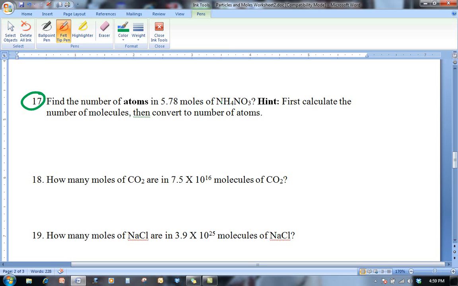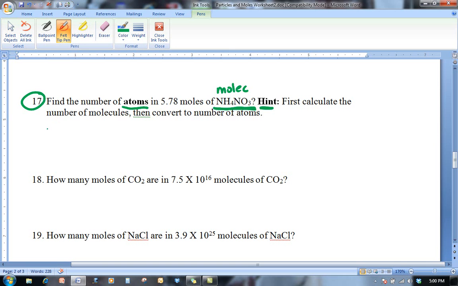Now, the substance in question, ammonium nitrate, is a molecule. But I want to know atoms. So keep that in mind as we're building our dimensional analysis grid. And I did give you a little hint as well. So first we need to figure out how many molecules there are in 5.78 moles, and then I have to convert the number of molecules to the number of atoms. So let's just go through how to solve this one.